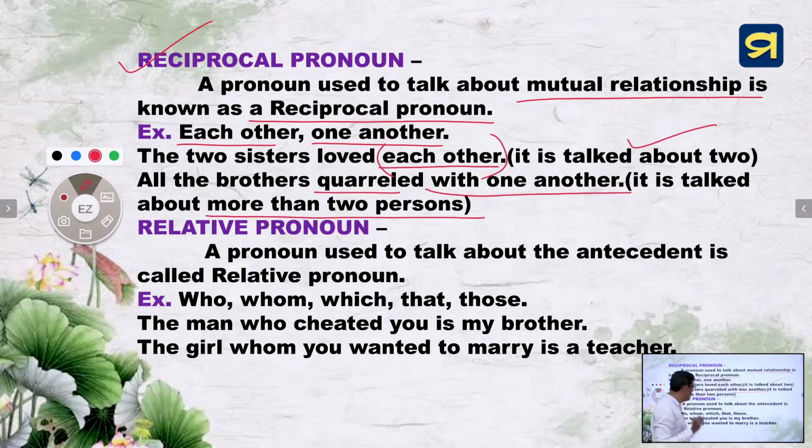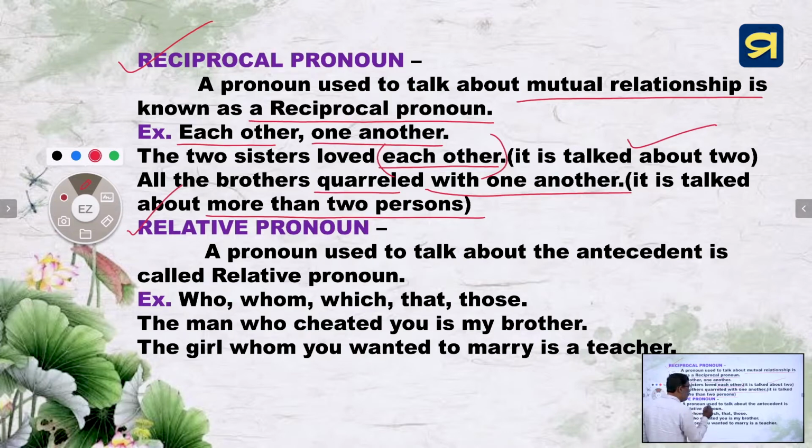Right, dear students? Good. Then we will discuss what? Relative pronoun. What is relative pronoun? The pronoun which is used for antecedent in a relative clause. That means the relative clause begins with the relative pronoun, and then we can say that it is a relative pronoun.